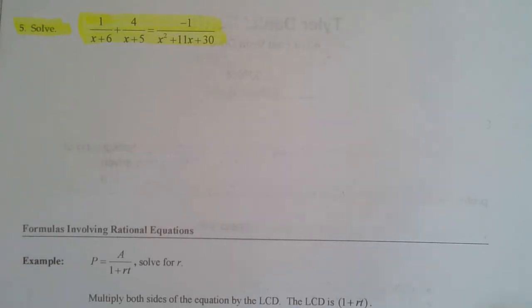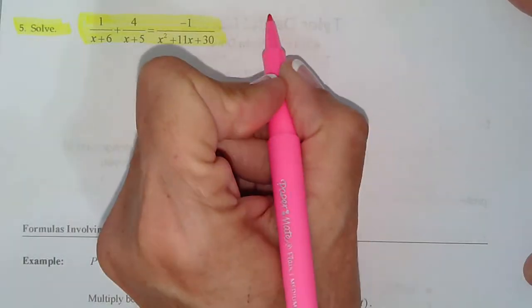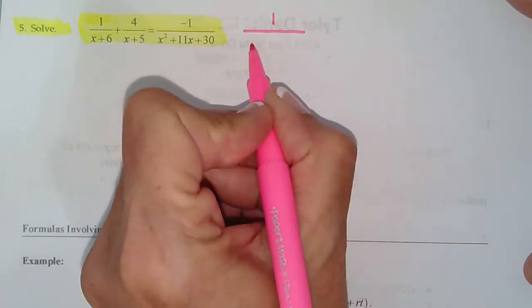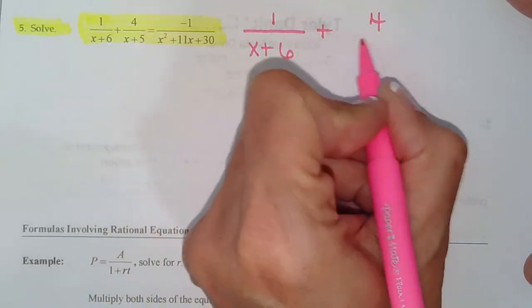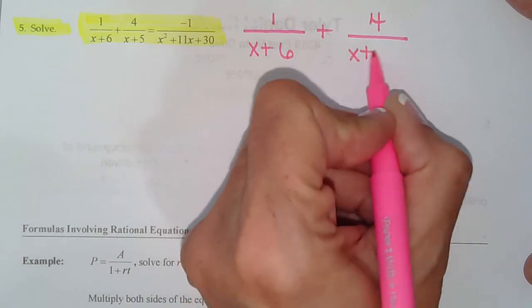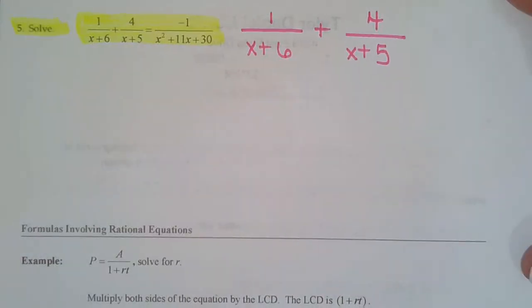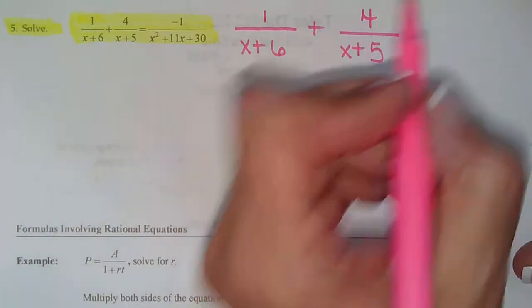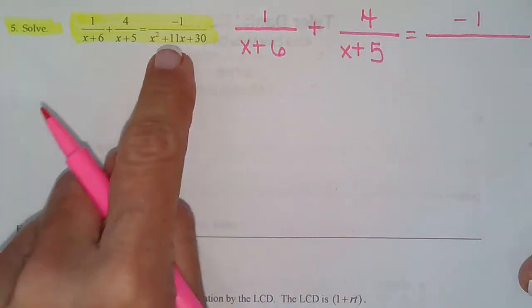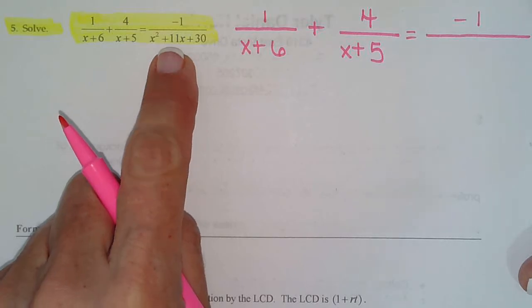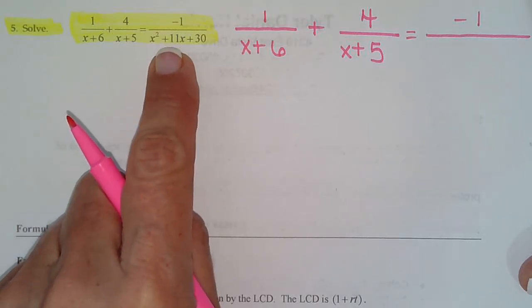So I noticed that one of the denominators can be factored, so we have to do that first. So we're going to do 1 over x plus 6 plus 4 over x plus 5 equals negative 1 over, and we need to factor this so that we can get the LCD and so that we can get the restrictions.